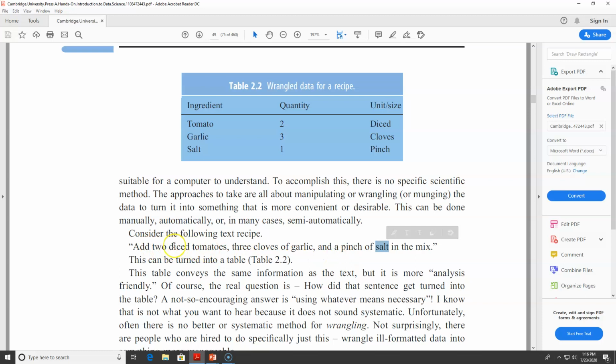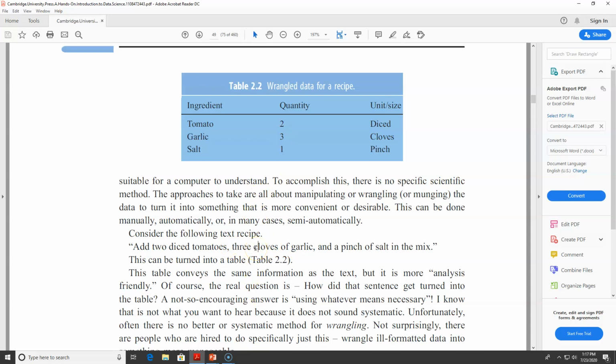So 2 diced tomato: the quantity of tomato is 2, unit is diced. Okay, 3 cloves of garlic: the ingredient is garlic, quantity 3, and the unit is cloves.